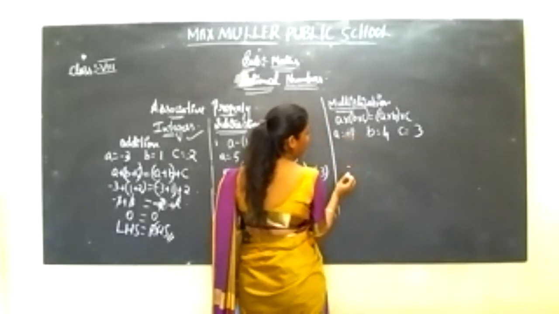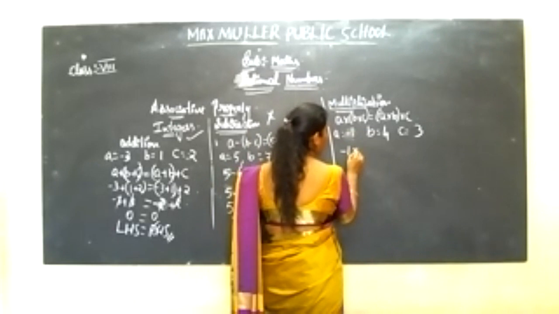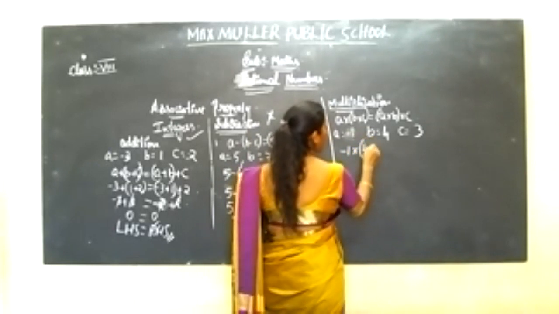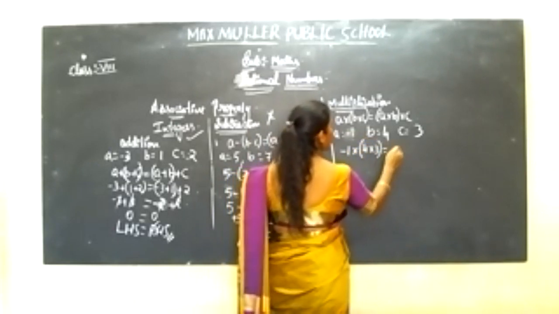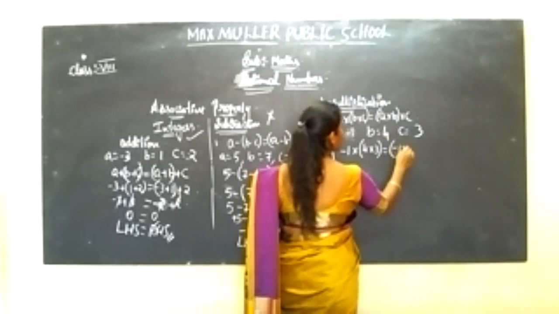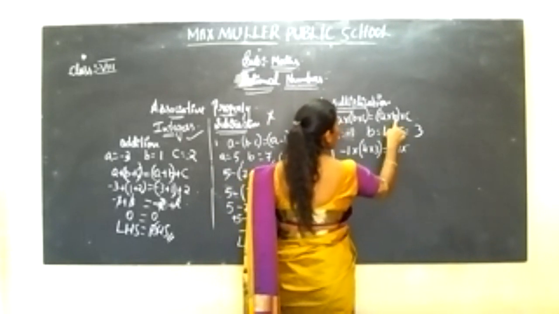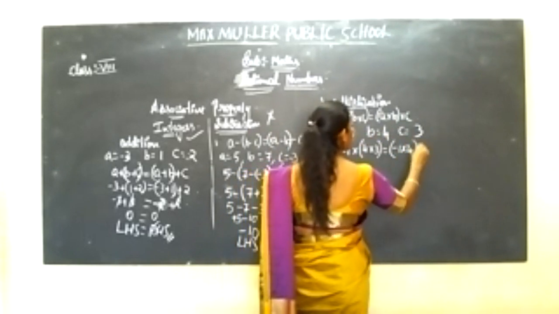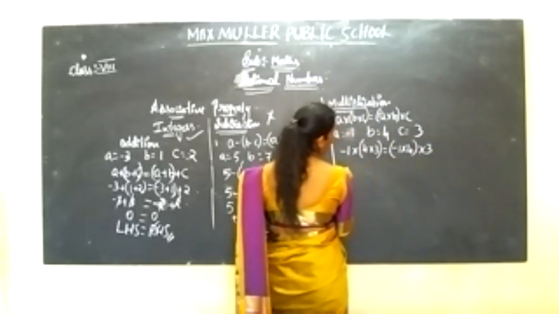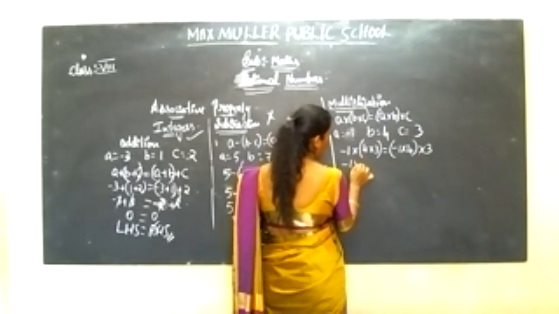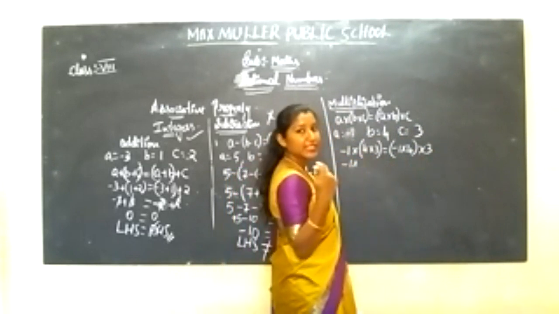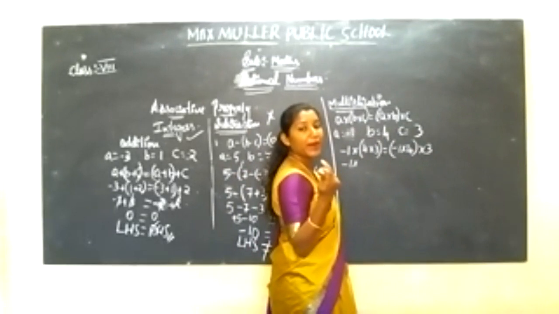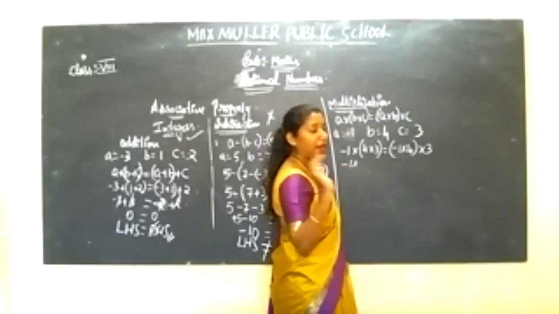So A is equal to minus 1 here. Minus 1 into 4 into 3 is equal to minus 1 into B is 4 into C is 3. So here minus 1 into, as I told you, according to the BODMAS rule, you have to remove the bracket first.